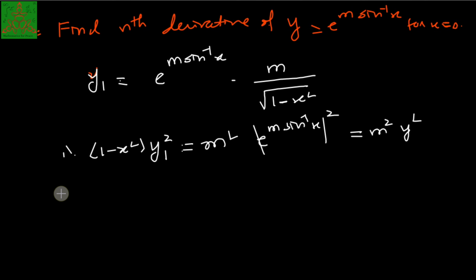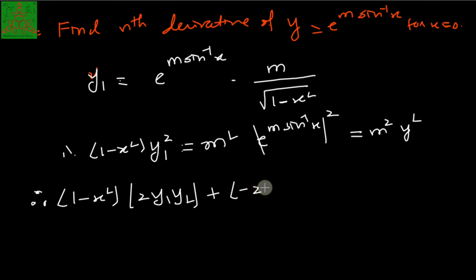So finally, if I differentiate again with respect to x, applying the product rule for the first term, that is 1 minus x square as it is, derivative of y1 square is 2 y1 y2, plus a derivative of 1 minus x square is minus 2x, y1 square as it is. m square is a constant quantity, so it stays as it is.